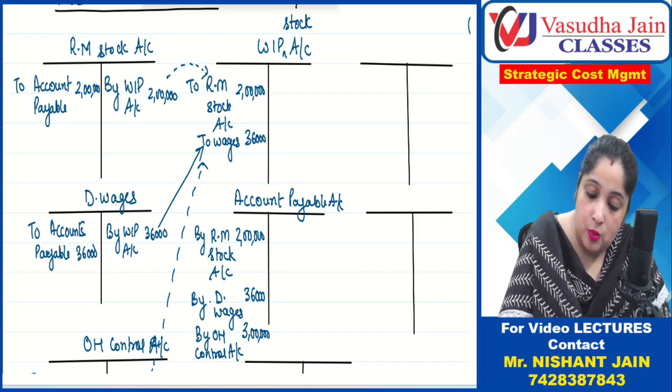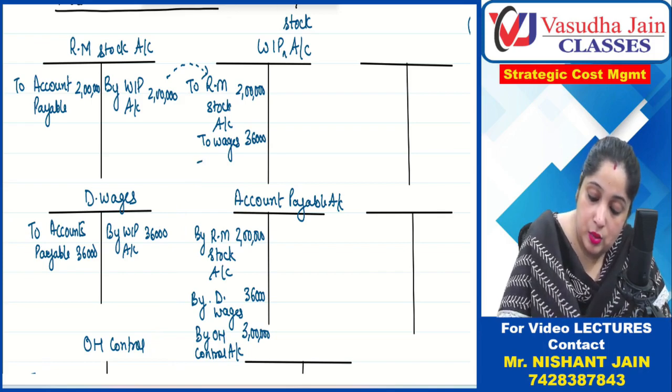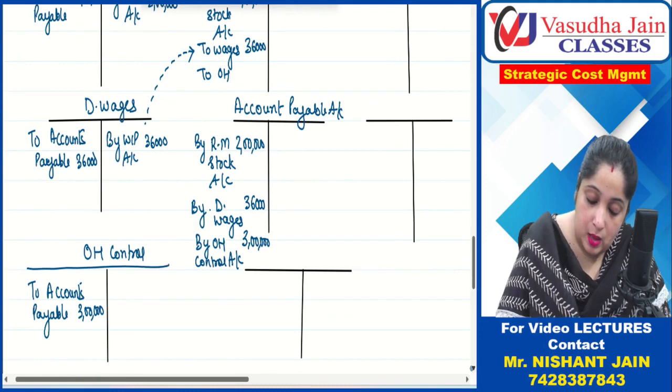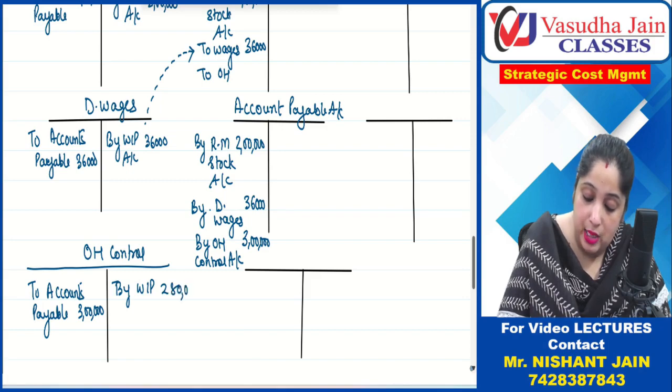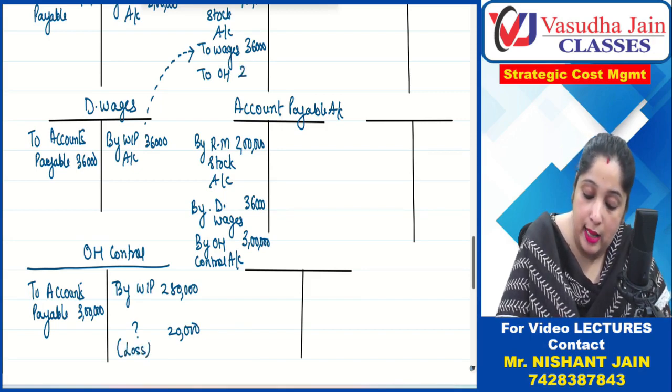And now to overheads we have to say, by work in progress account only 2,80,000 will be transferred, and the rest 20,000, I am putting a question mark, that is our loss, which I will tell you where to transfer. Okay, so here it will be 2,80,000.